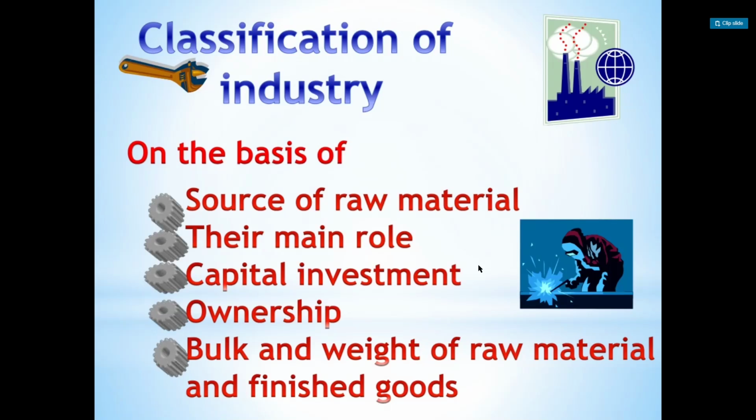Now today, the third subtopic of topic 1 is classification of industries. So today we will cover the classification of industry. Industries are classified on the 5 main bases, and those bases are: source of raw material, their main role, capital investment, ownership, and bulk and weight of raw material and finished goods.